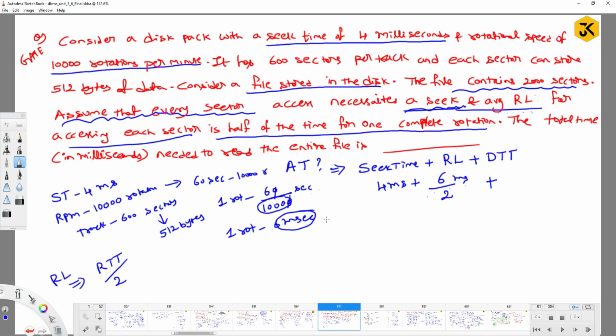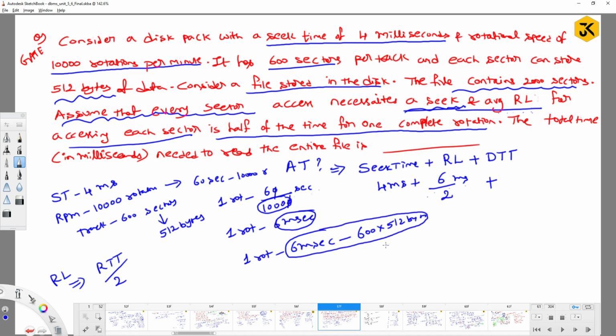In the last class I mentioned that for one rotation, it takes 6 milliseconds. For 6 milliseconds, how much data is it transferring? Each sector takes 512 bytes, so it is transferring 600 into 512 bytes of data.